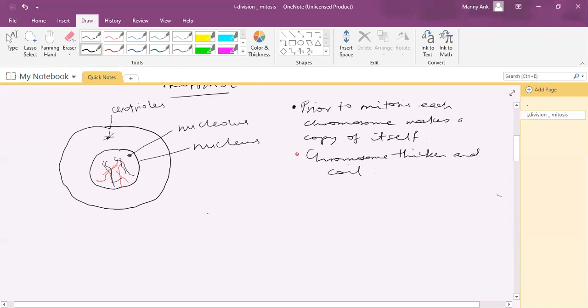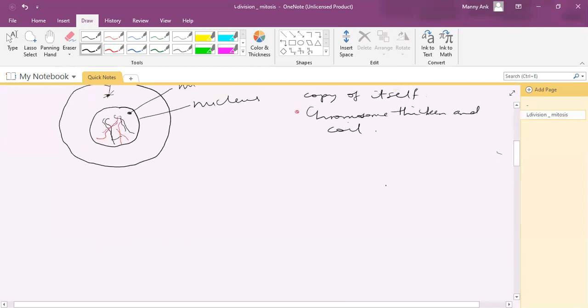Then in the early prophase, the centrioles divide. So the centrioles will divide. Let's show that here. Centrioles divide.